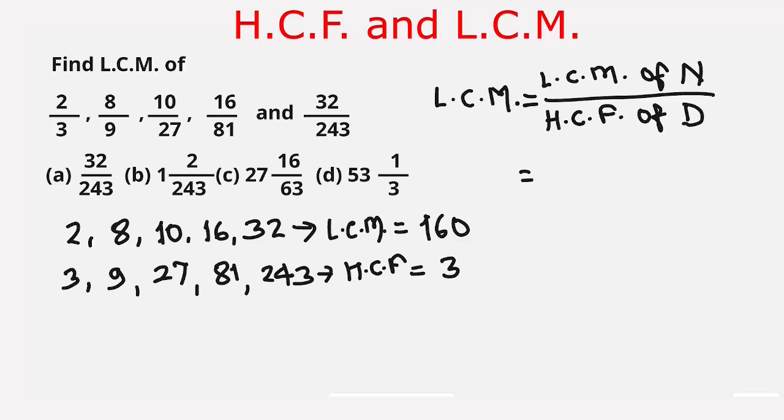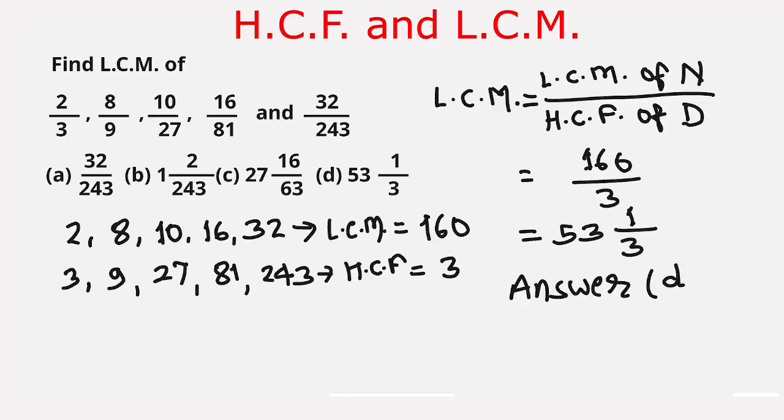LCM for fractional numbers is LCM of numerator, which is 160, upon H.C.F of denominator, which is 3, and this is equal to 53 whole and 1 upon 3. And from the given options, our answer is option D, 53 whole and 1 upon 3. I hope you have understood the method of finding LCM of fractional numbers.